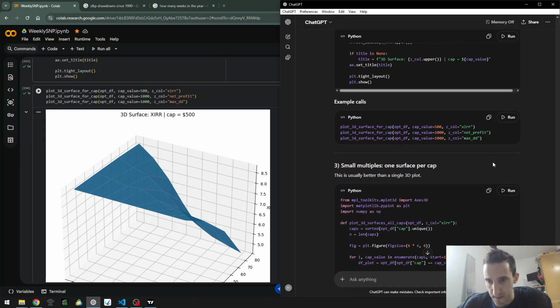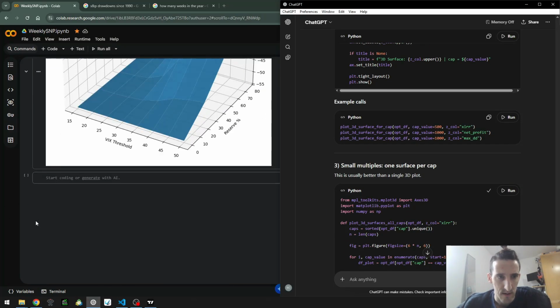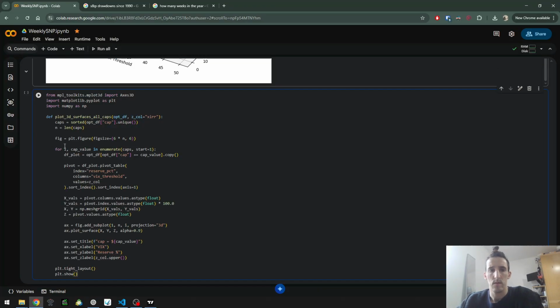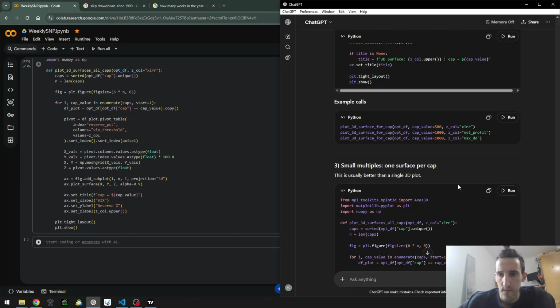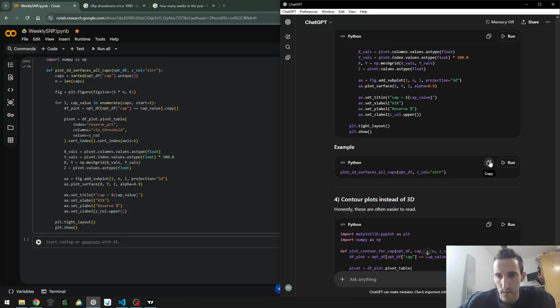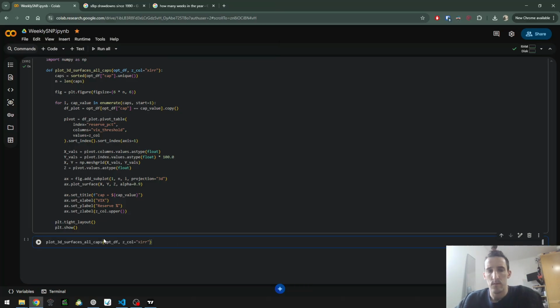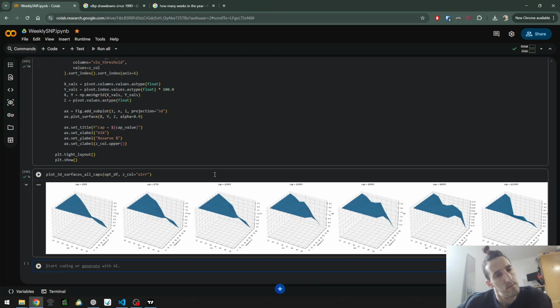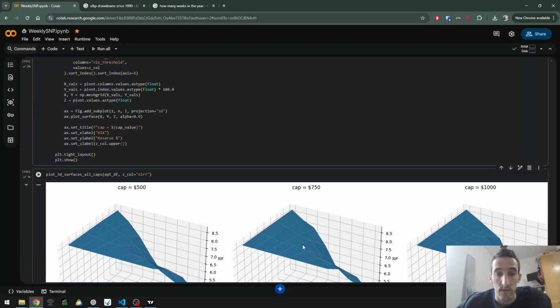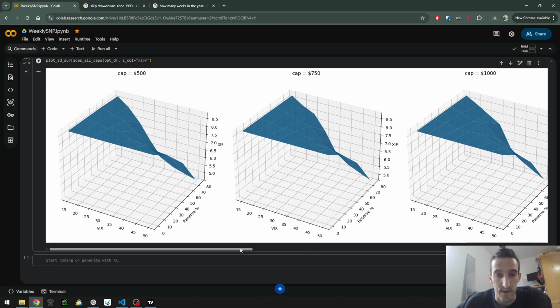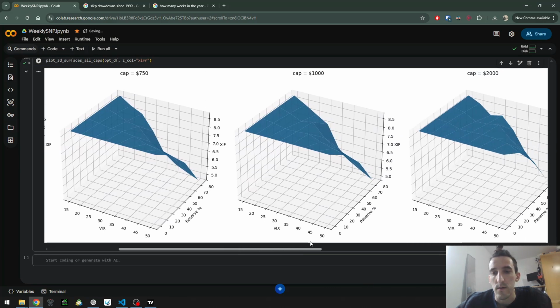Small multiples, one surface per cap. Let's see this. Oh, that's cute. Yeah, I can understand that.